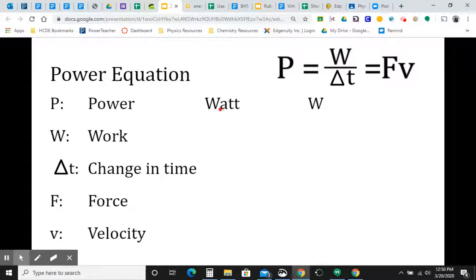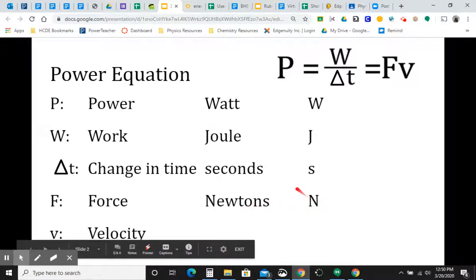Okay, so anyways, moving on. The unit for work is not the watt. The unit for work is the joule, and we use a J for that. Unit for change in time is seconds. We just use a lowercase s for that. Unit for force is named after another scientist, the Newton.